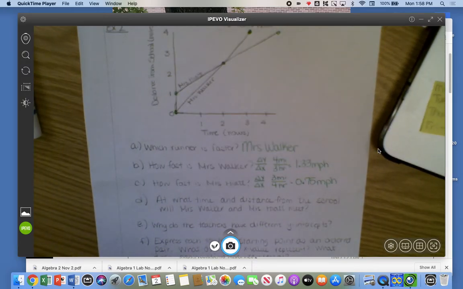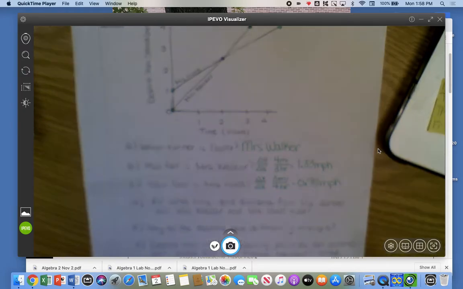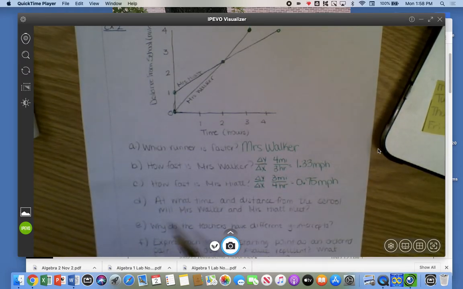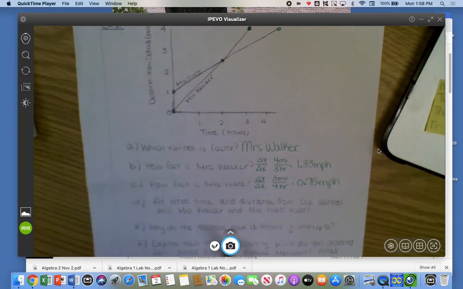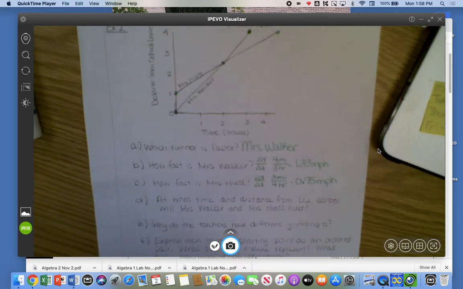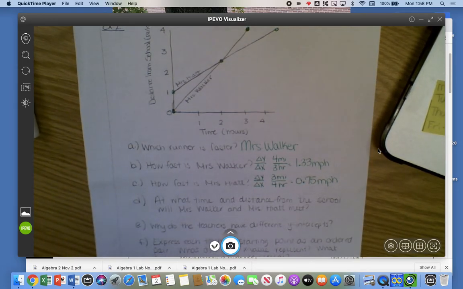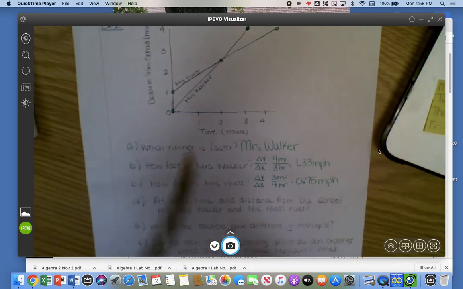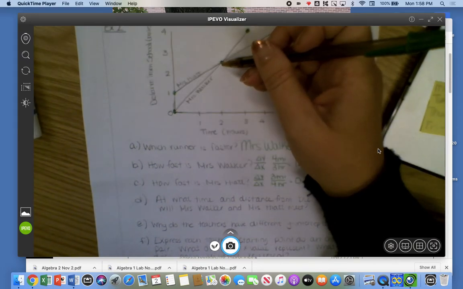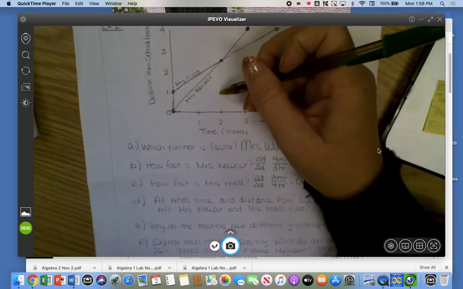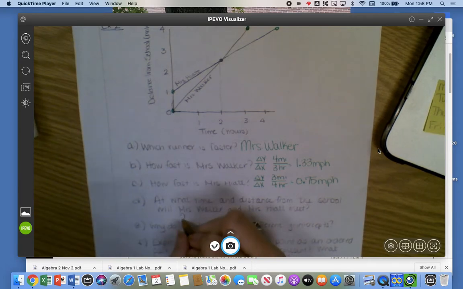All right, now the question D, it's saying, at what time and distance from the school will Mrs. Walker and Mrs. Hyatt meet? So where do you think on this graph we are meeting or crossing paths? Definitely where our lines intersect. So if we look here, at what time, we go down, we meet at 2 hours.